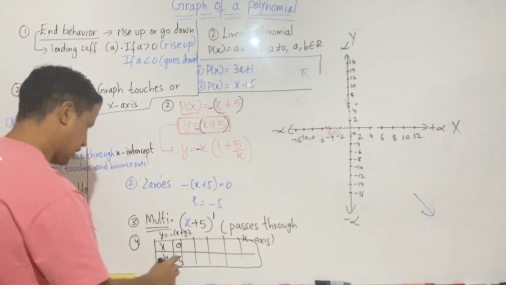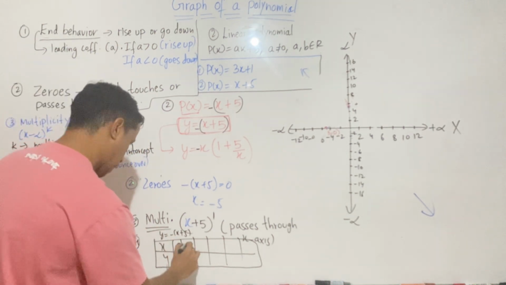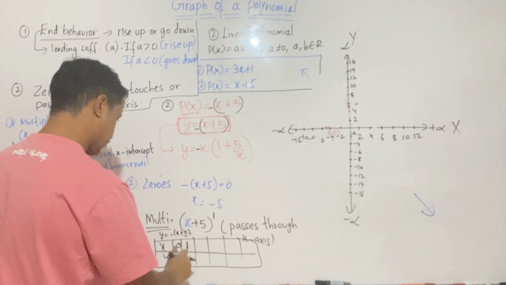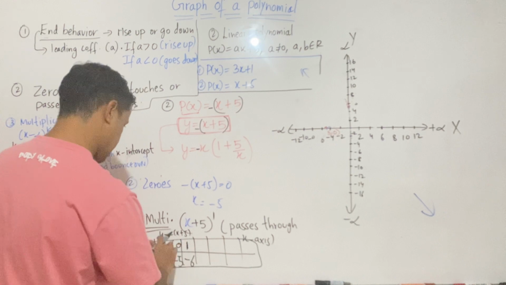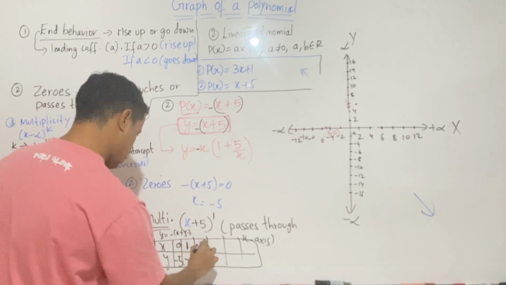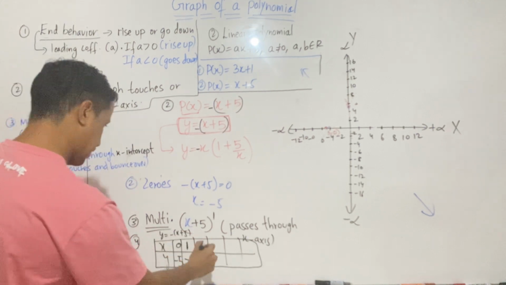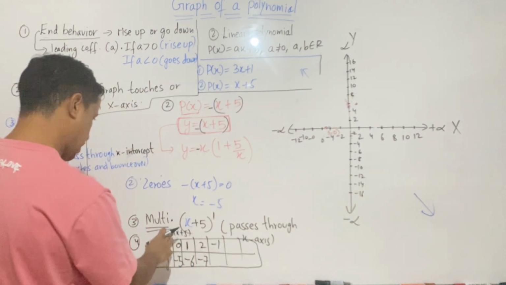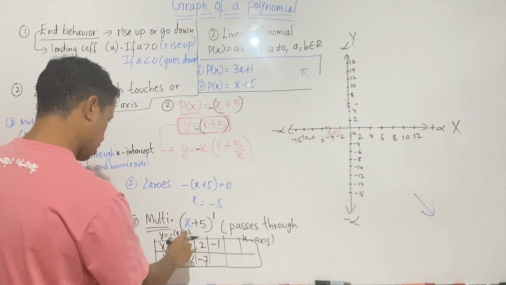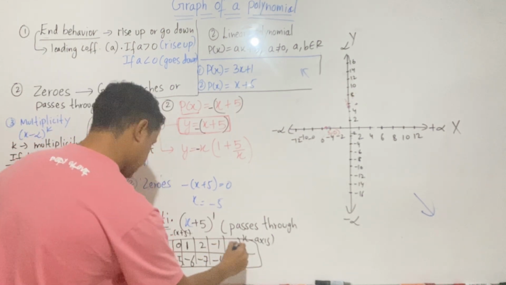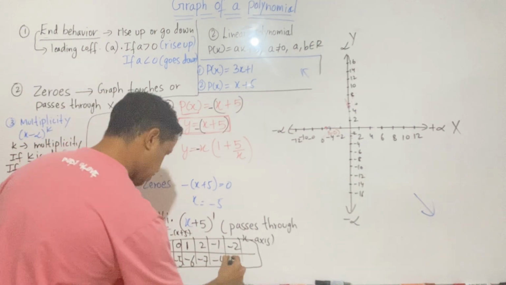If x is 1, y would be minus 6. If x is 2, y would be minus 7. If x is minus 1, then y is minus 4. If x is minus 2, then y is minus 3.